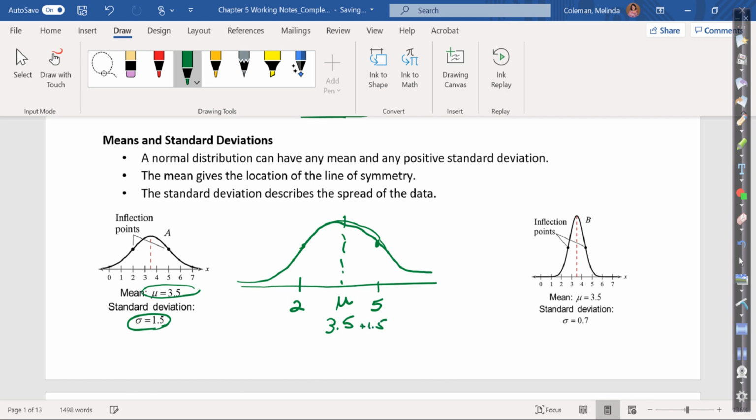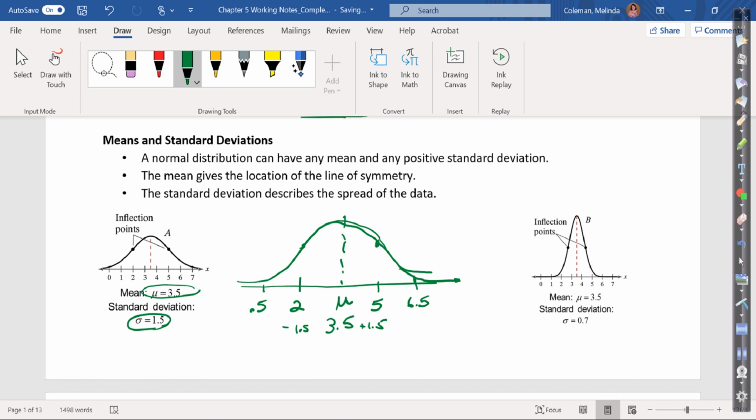I can also do that for the next part. So my second standard deviation then would be at 6.5, and back here at 0.5.